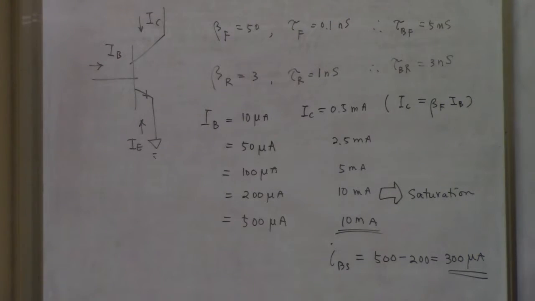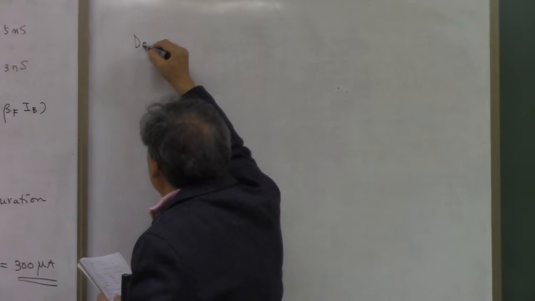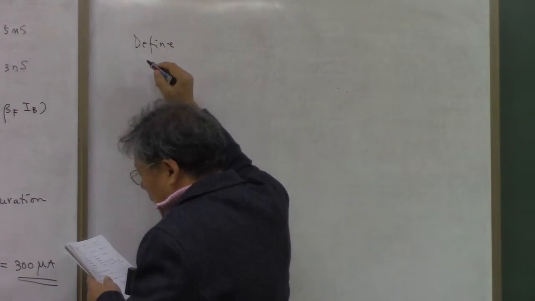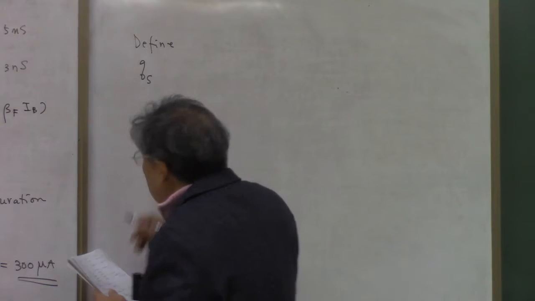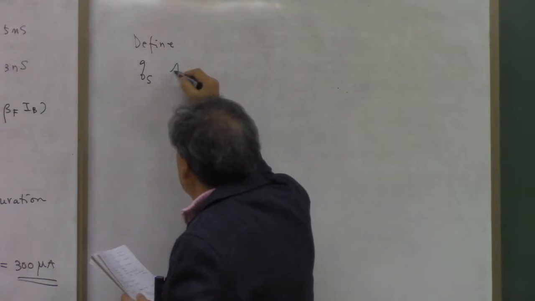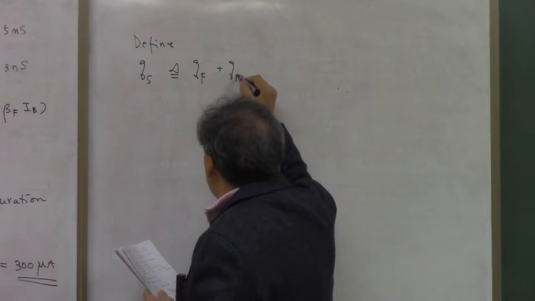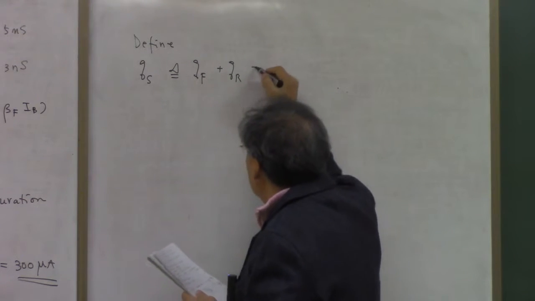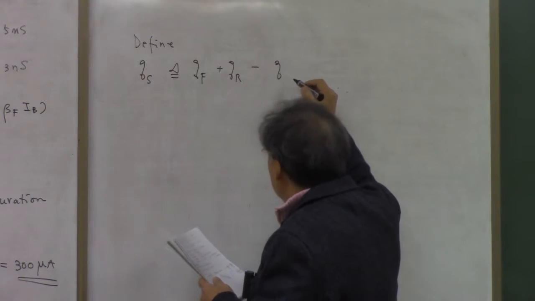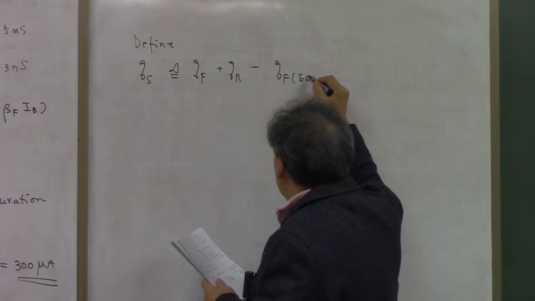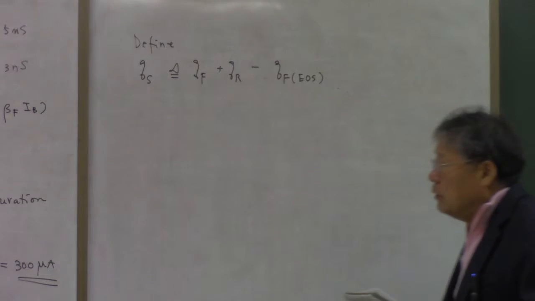So for this observation, we just define now the saturation charge as charge F that we have discussed and charge R, the total charge, minus charge F at edge of saturation.